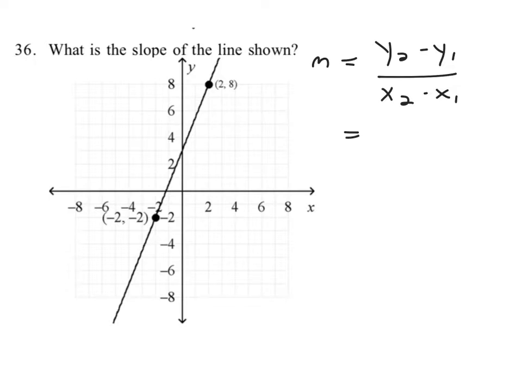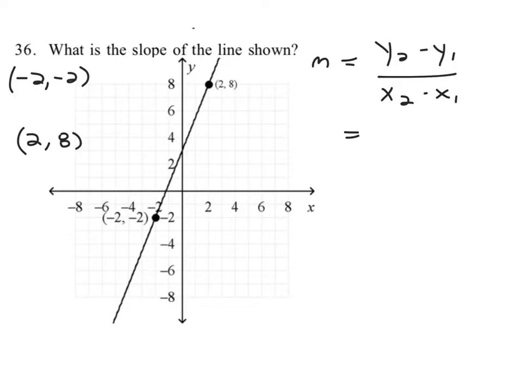Okay, so let's sub in what we know. We've got these 2 points here, and I'm going to rewrite them so that they're a little bit clearer. The 2 points are negative 2, comma negative 2, and 2, comma 8.